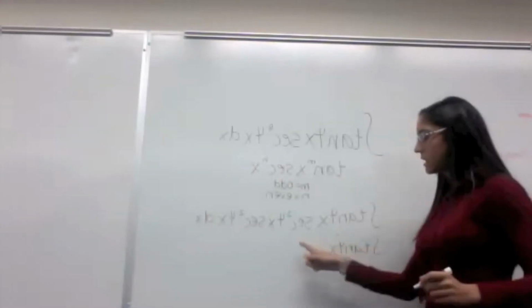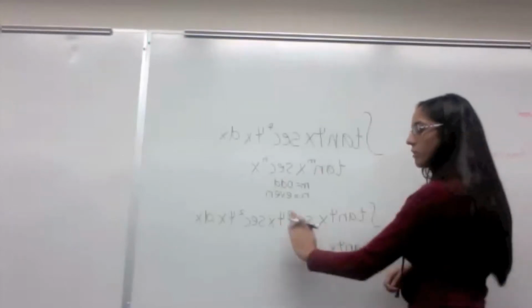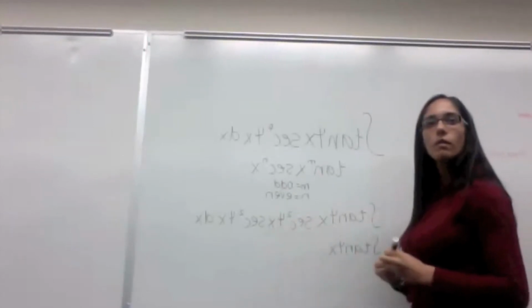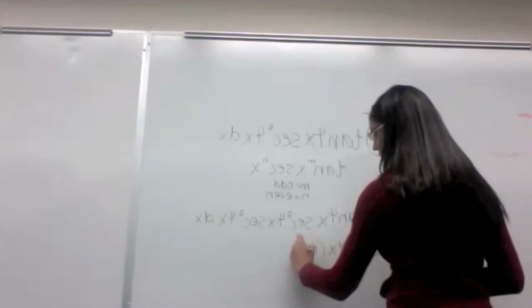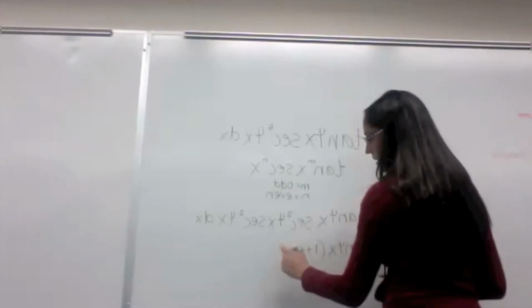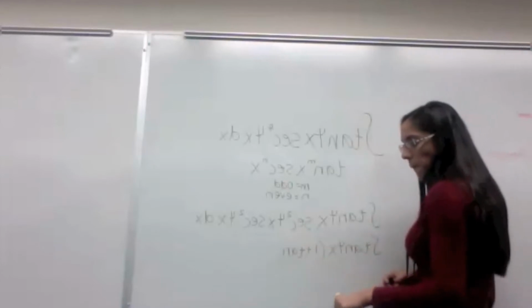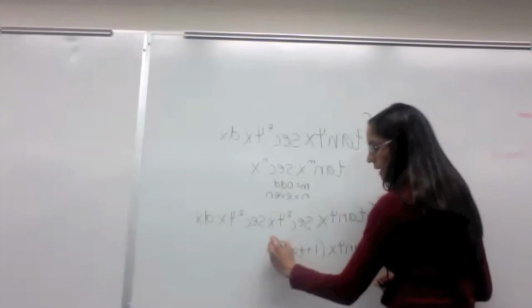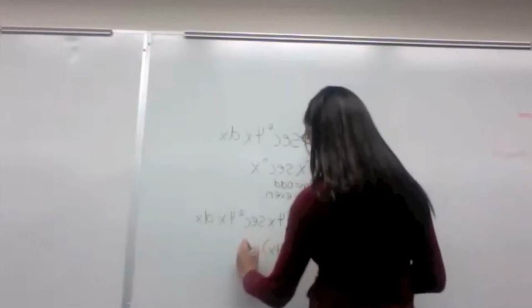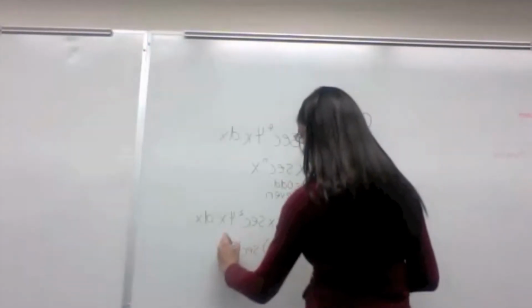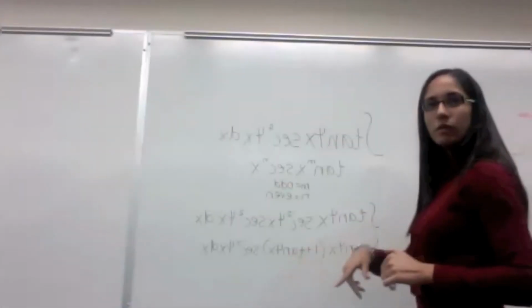Okay. What's secant squared x without the 4? What would that be? 1 plus tangent squared x. But since we have this 4, 1 plus tangent squared 4x. Is it this way, or is this squared?